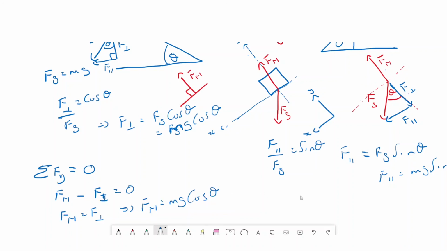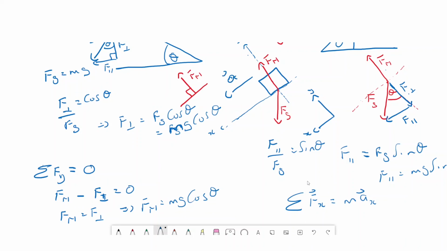Now, what is my sum of the forces in the x direction? That is going to be the mass multiplied by the acceleration in the x. Why? Because the acceleration is going to be there. The box is going to slide down with an acceleration. So the box will be moving down.